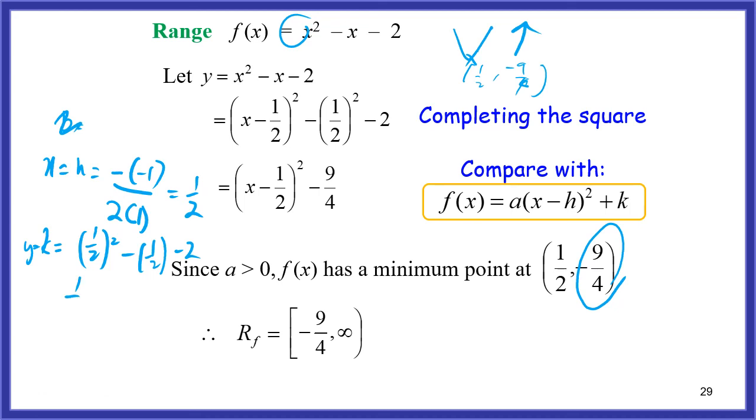So we have 1 over 4 minus 1 over 2 minus 2. So it will be negative 1 over 4 minus 2. So this is negative 9 over 4. So we get the same value if you use the formula directly.